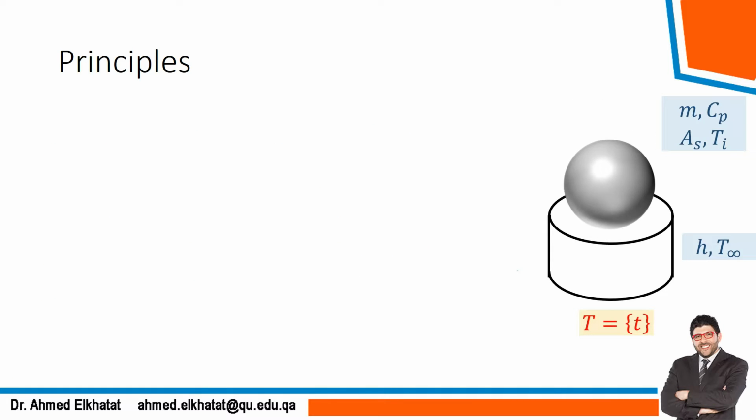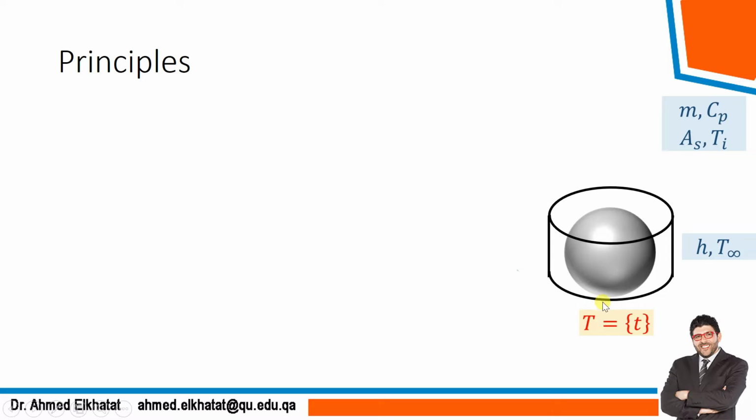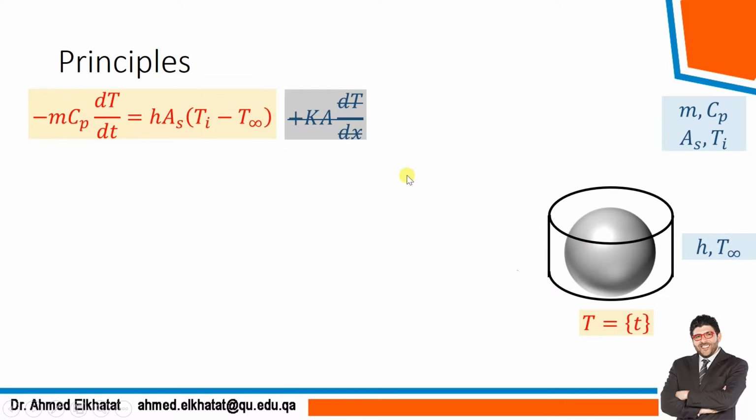So now the temperature will be a function of time only. We can say that the change in internal energy of the body is only due to convection, because we already cancelled the effect of conduction.